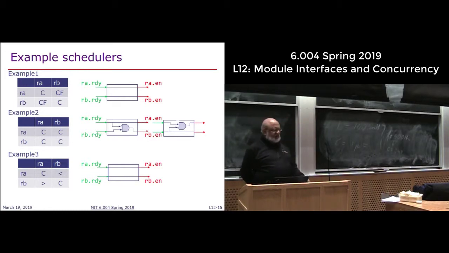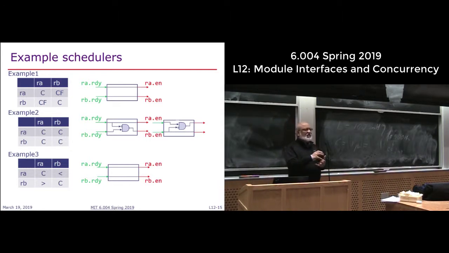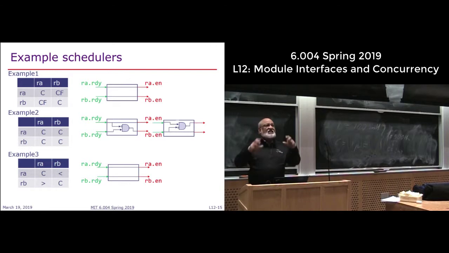Is it clear to everyone what is the role of a scheduler? Whenever I compile a rule, I get some guards coming out of it, which tell me whether the rule is ready or not. I feed all those signals into the scheduler. And the scheduler has already analyzed your program, and based on that analysis, it generates a scheduler.